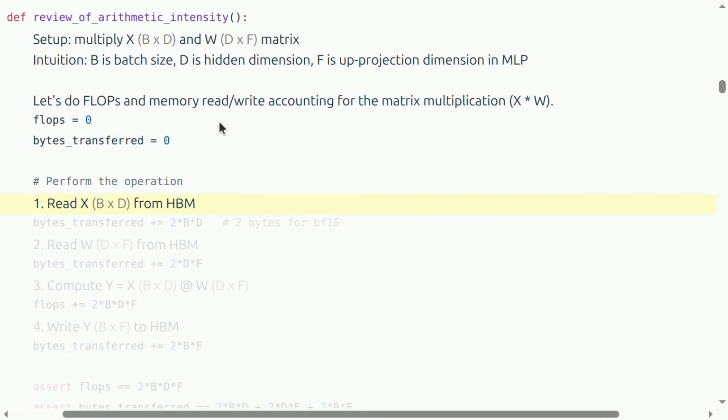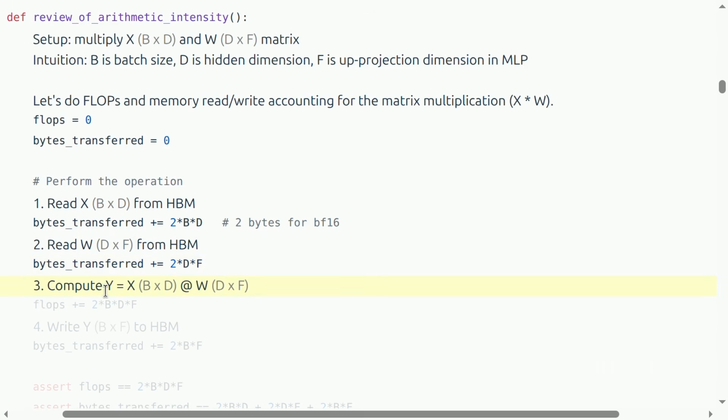So what do you have to do to multiply these matrices? Now remember the systems lectures: you have to read X from HBM. And if you're storing everything in BF16, which is the case for inference, that's going to be 2 times B times D. You're going to read W, that's another 2 times D times F. You're going to do the matmul, so the number of flops is 2 times B times D times F. And then you're going to write it back.